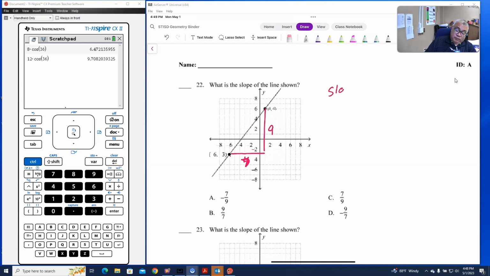Okay, so slope is equal to rise over run. In this case, it's going to rise 9 units and run 7. And this slope is positive, so we can automatically eliminate A and D. So your answer is B, and it's not C.